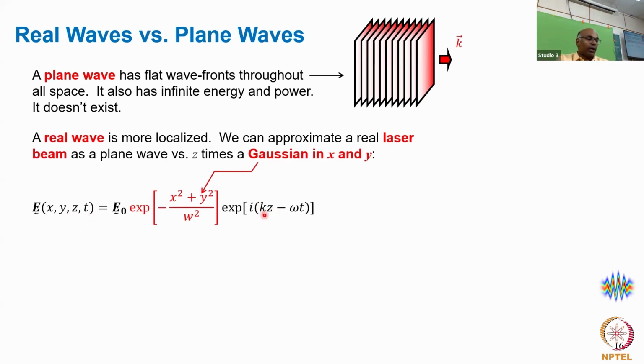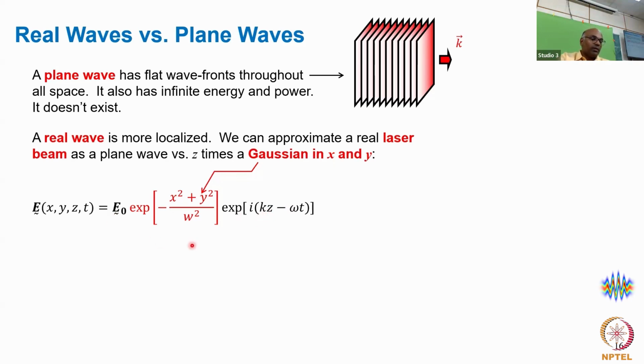Whatever happened to k dot r, in this case the k vector is parallel to the z-axis, so kx and ky are 0. kz is non-zero, but kz is then also equal to the magnitude of the k vector, k. So we have written this as k multiplying z minus omega t. So that is k dot r.